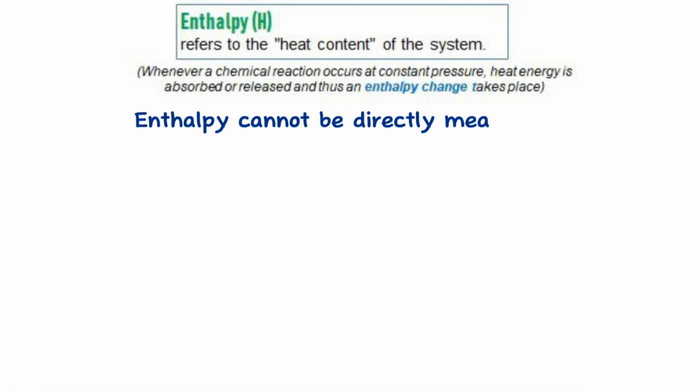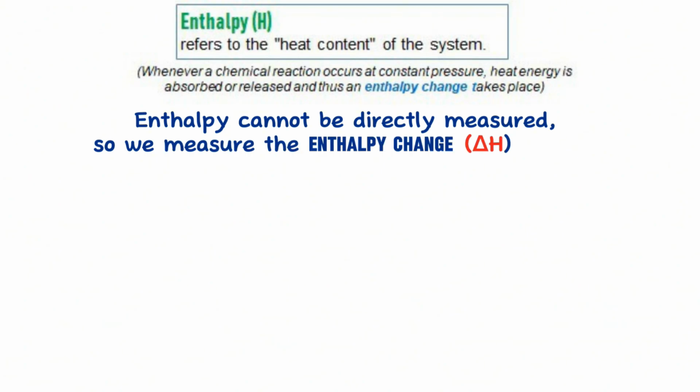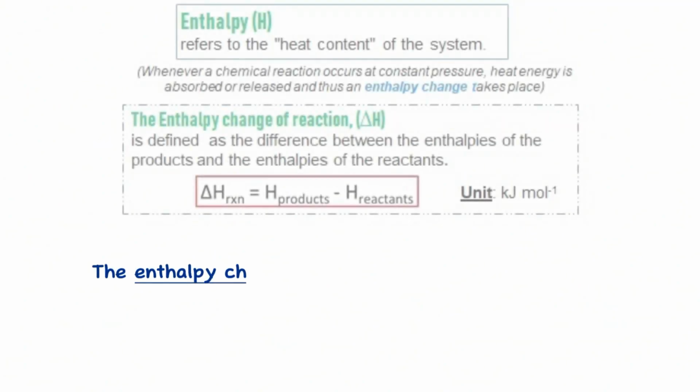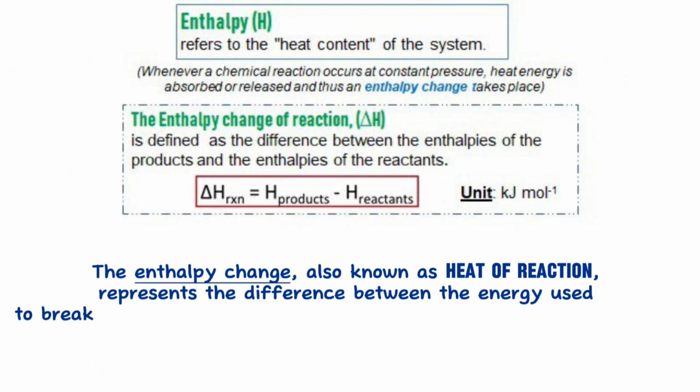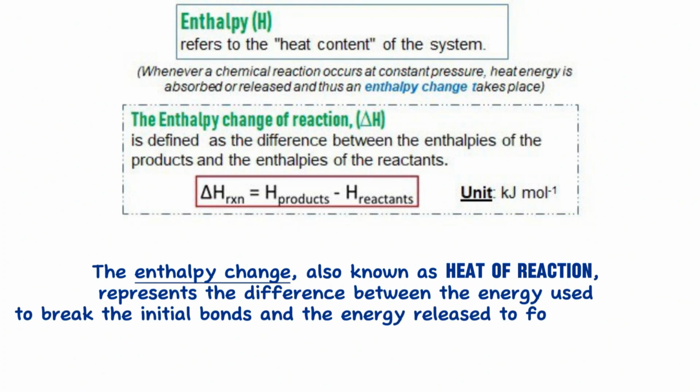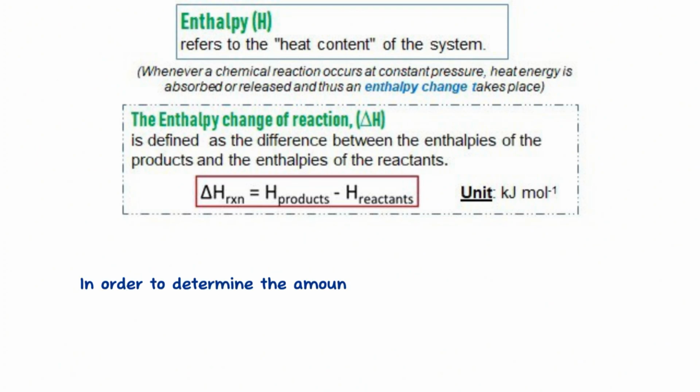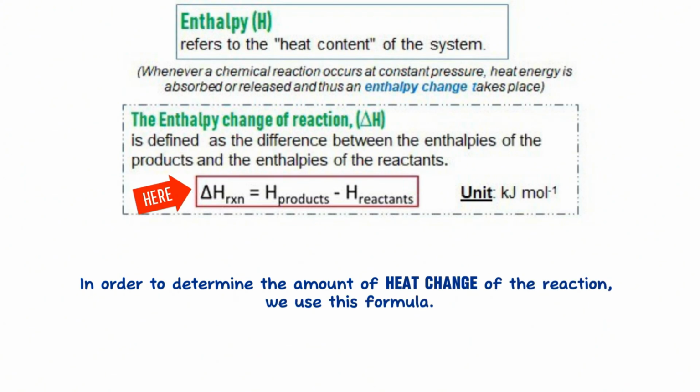Enthalpy cannot be directly measured, so we measure the enthalpy changes instead. The enthalpy change, also known as heat of reaction, represents the difference between the energy used to break the initial bonds and the energy released to form new bonds. In order to determine the amount of heat change in a reaction, we use this formula.